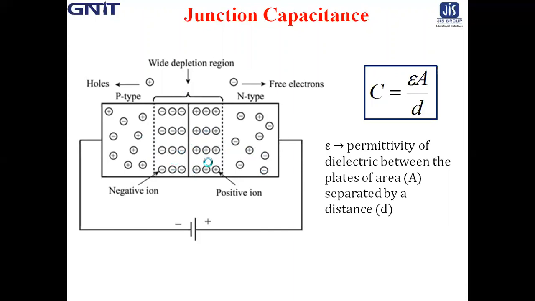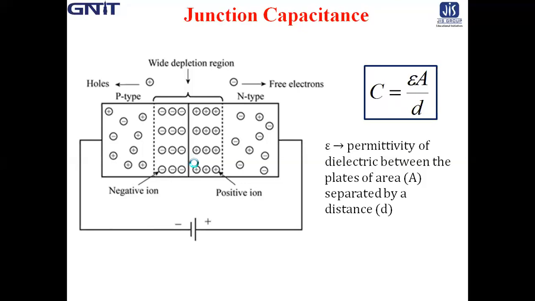When the PN junction diode is reverse biased, the width of the depletion region increases with the increase of reverse bias voltage as majority carriers flow in or out of this layer.